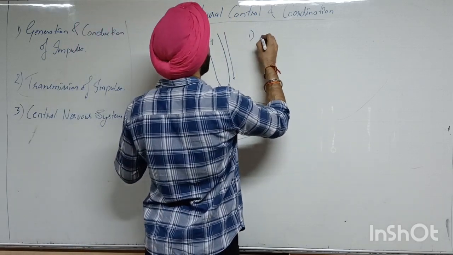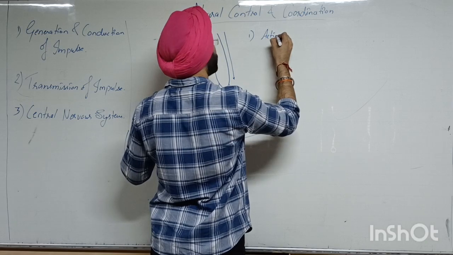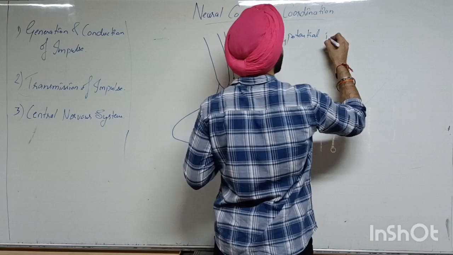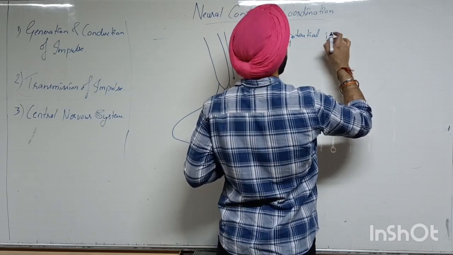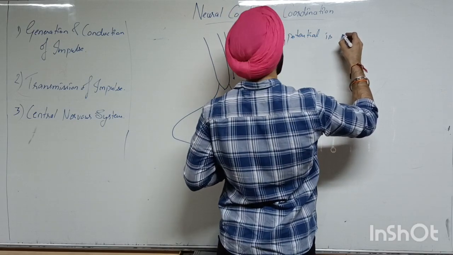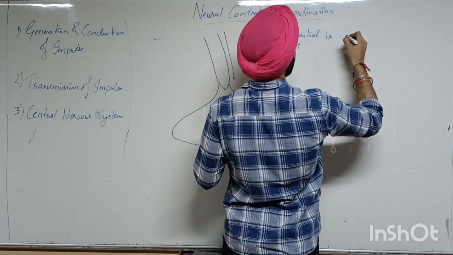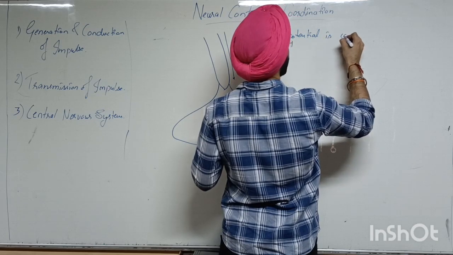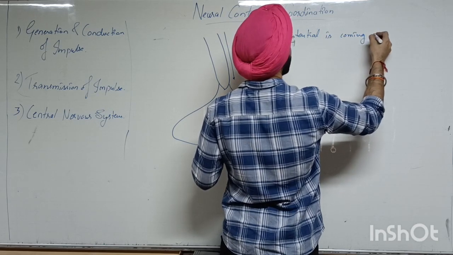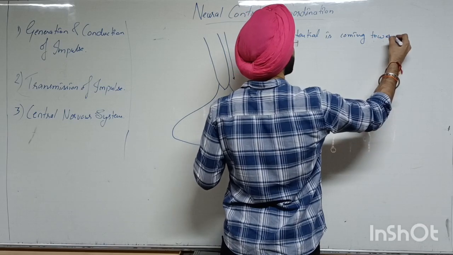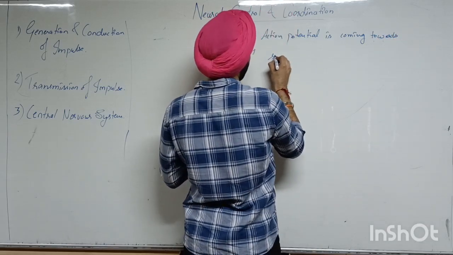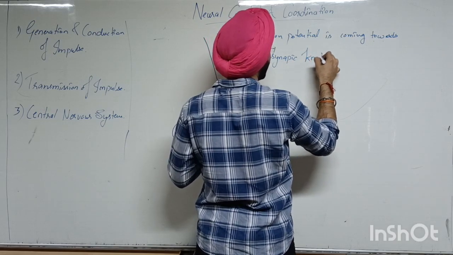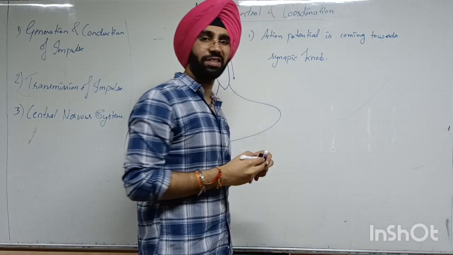So here I am writing: action potential is generated and comes towards the synaptic knob, which is a bulb-like structure, as we have studied in the NCERT and in the previous lecture as well.